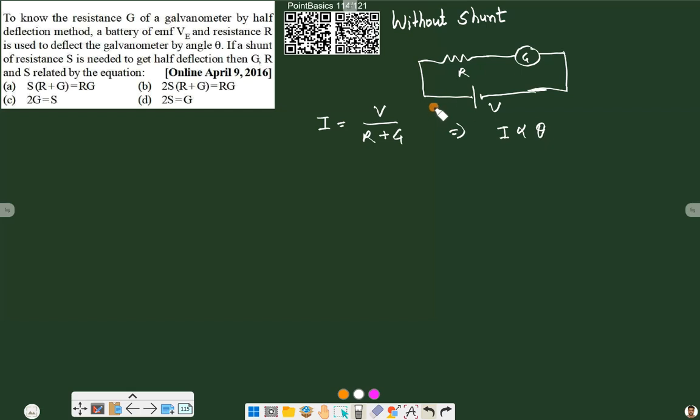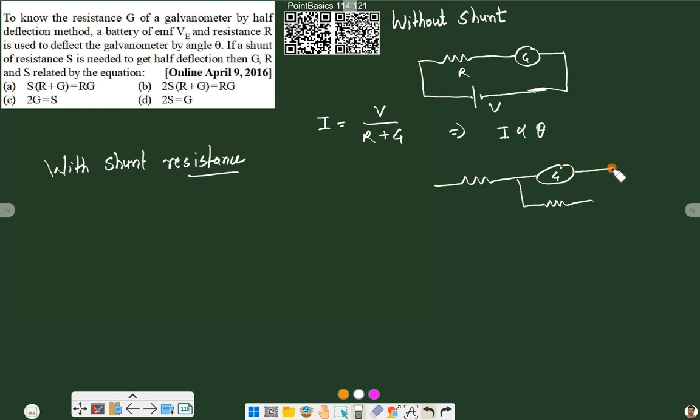Now coming to the second part, where we attach a shunt resistance. So with shunt resistance, our circuit will look something like this: we have a resistance R, we have a galvanometer, we have a shunt resistance of value S in parallel, and we have a battery here.